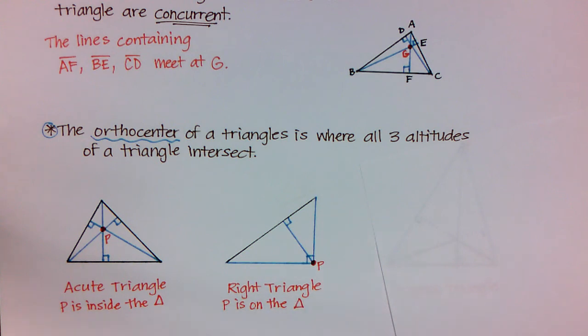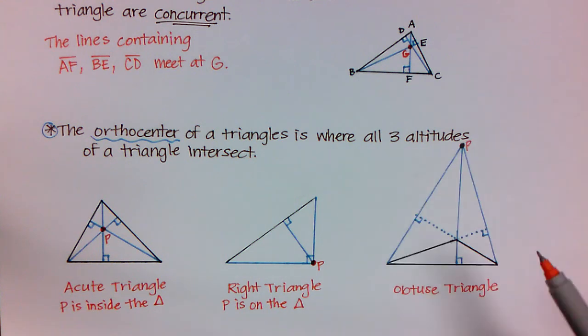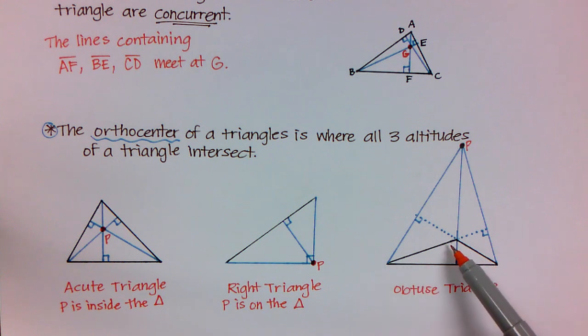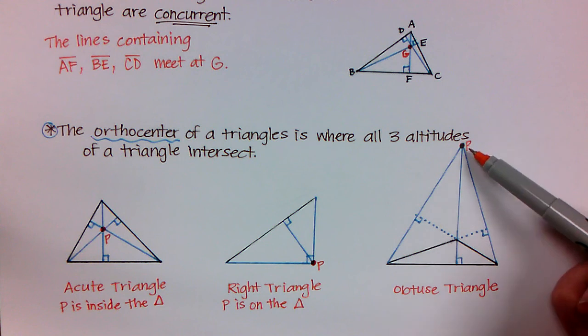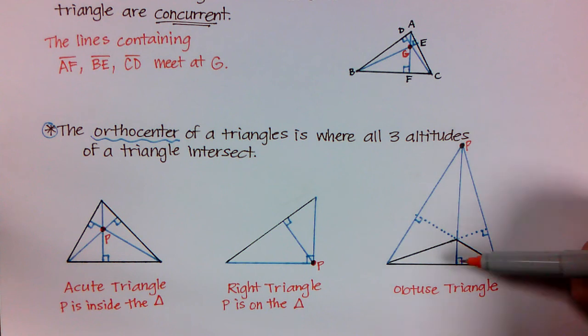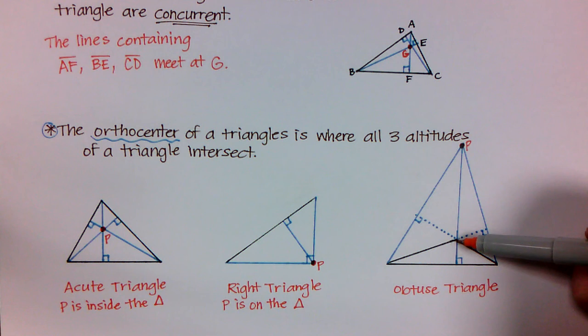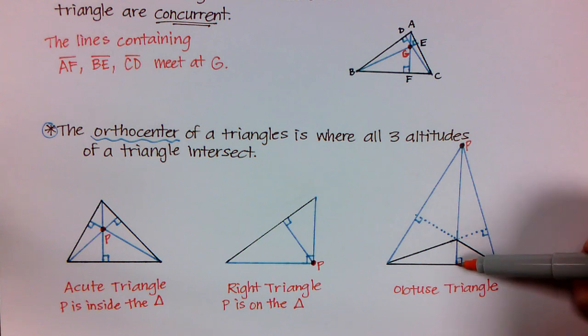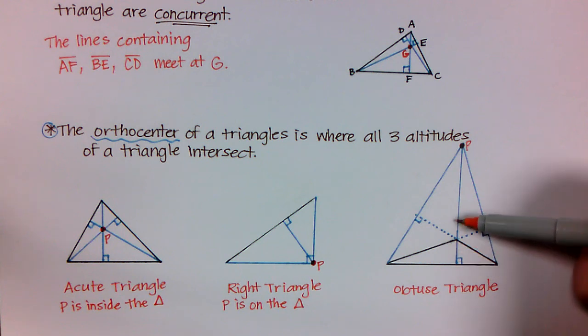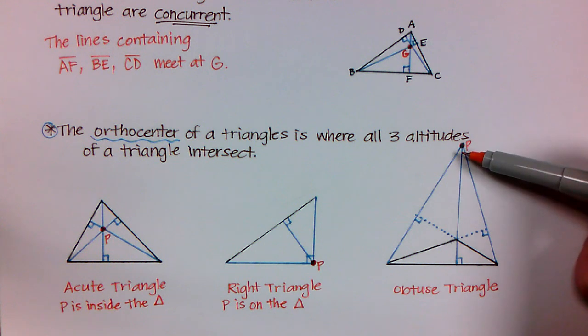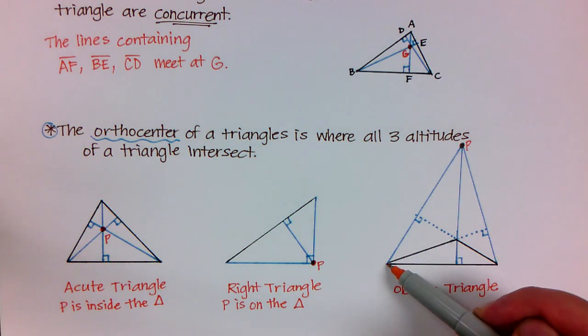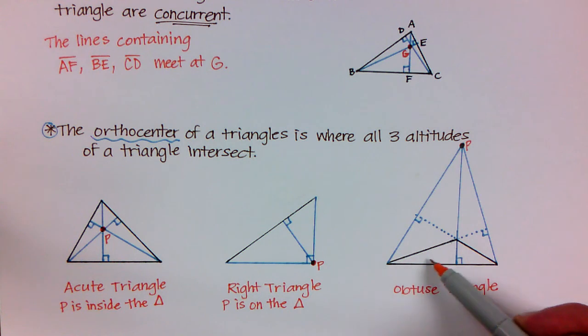Okay. The last instance is a little bit trickier. This is an obtuse triangle. And as you can see, because it has this very wide angle right here, we're going to be finding this P very far away from the triangle. Okay, the orthocenter is very far away, because from the bottom, if I took my ruler and drew the altitude going straight down from this vertex, I'm going to actually have to continue it going way up high, because the altitude for this vertex is not going to go in this direction.